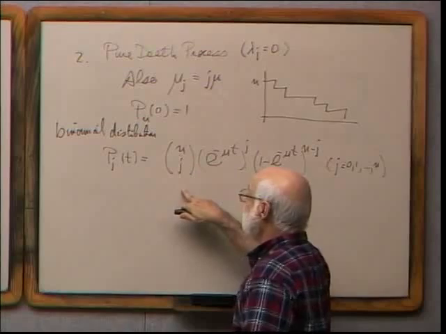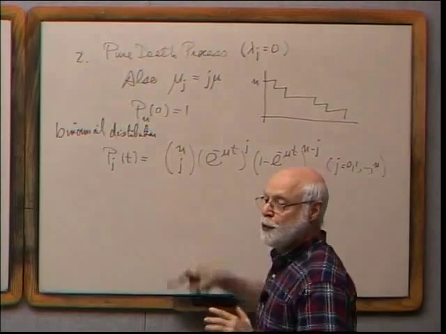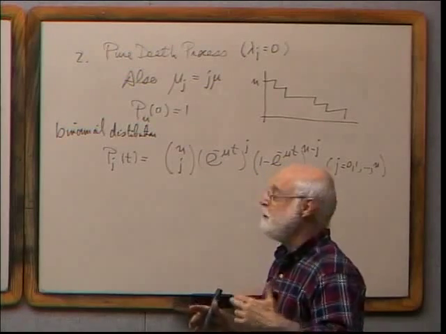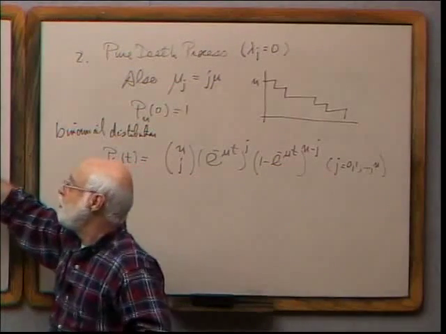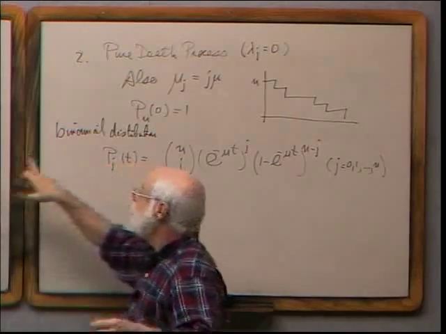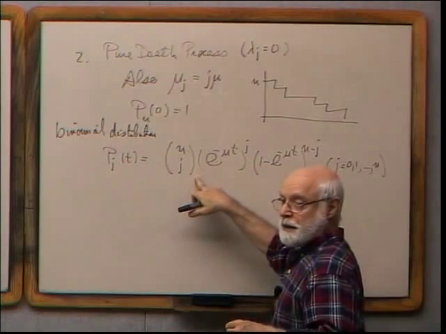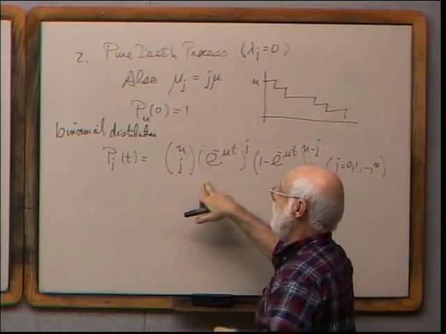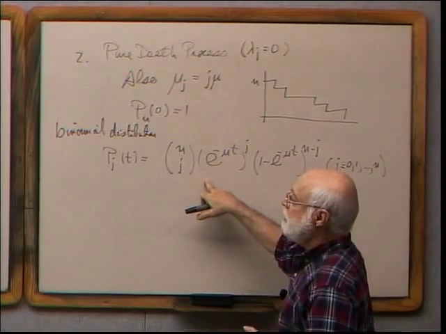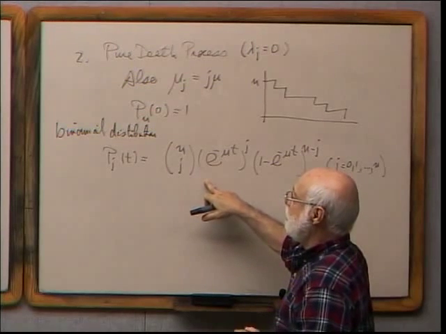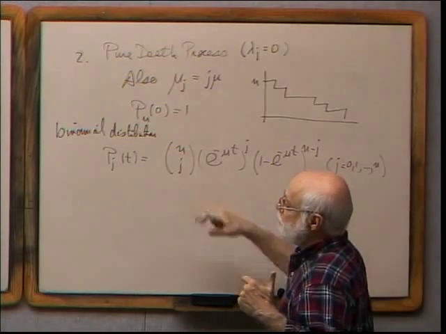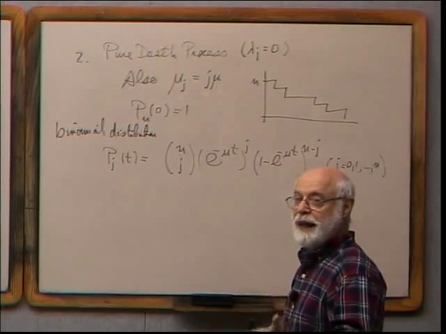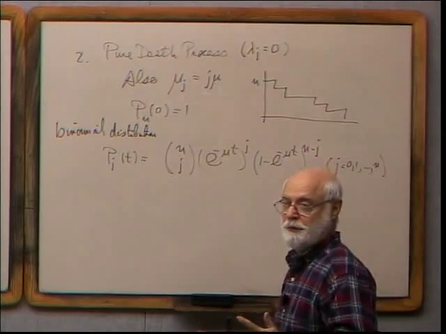So even though I didn't assume that the members of the population behaved independently of each other, because this equation expresses what happens in the aggregate, the result is just as if they did. So we could see that this, in fact, is going to reflect the idea that the birth and death equations are going to describe Poisson, among other things, systems with Poisson arrivals and exponentially distributed service times. So that's coming out of this.